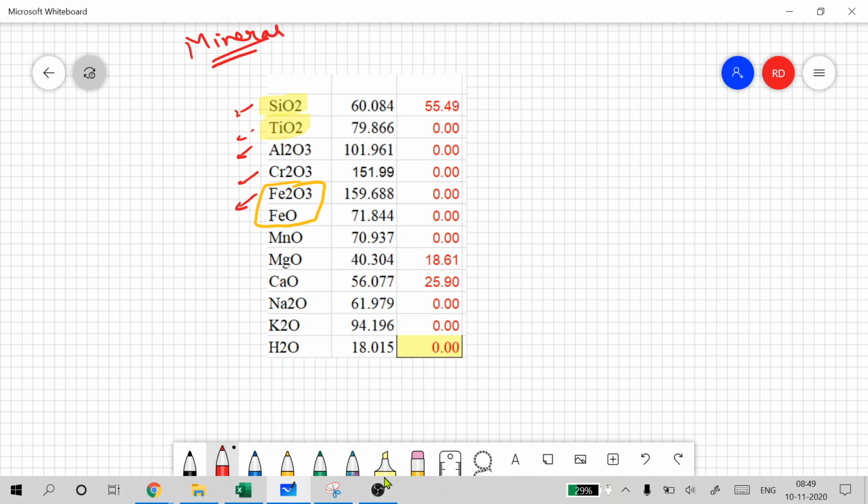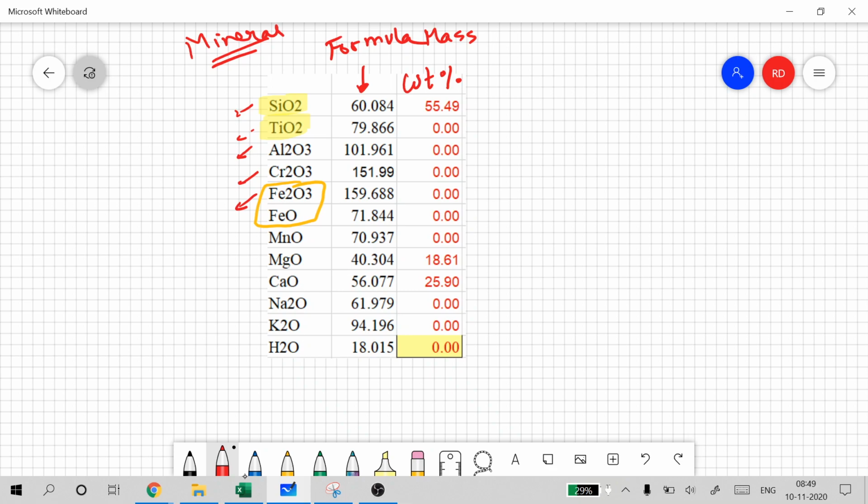When you do this analysis, you get all your data in weight percent, and what you have here is the formula mass. We should say formula mass, because it may not form any molecule.